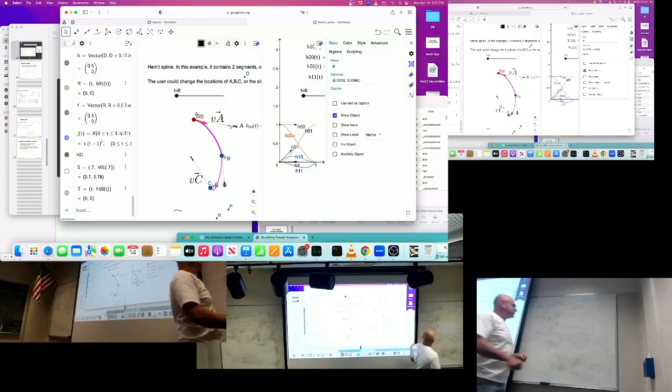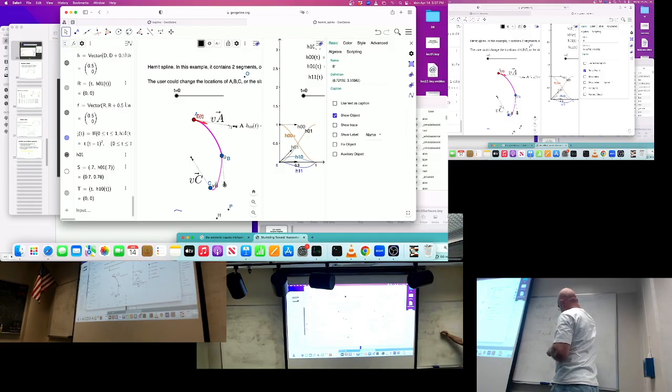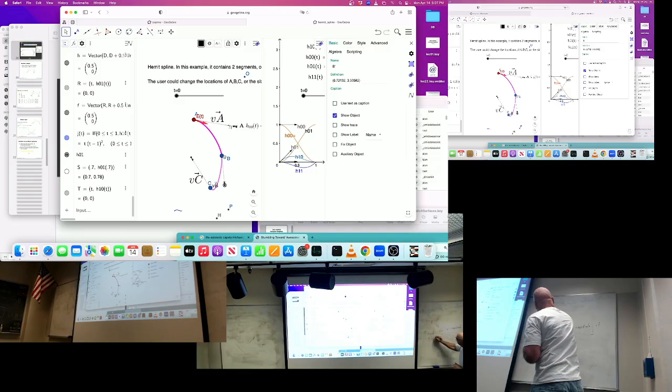Just as a sanity check, what is gamma at 0.3?